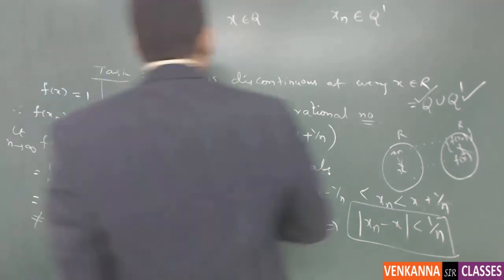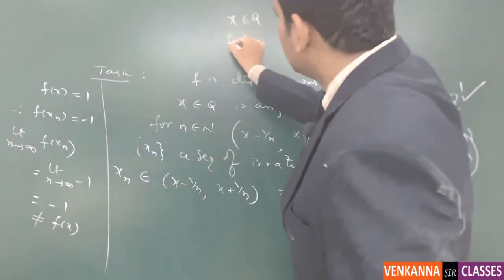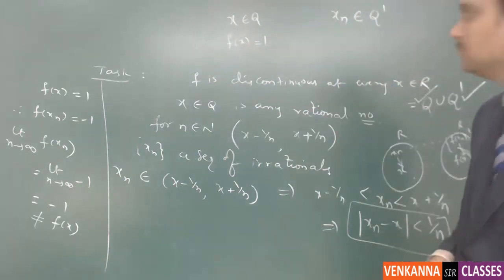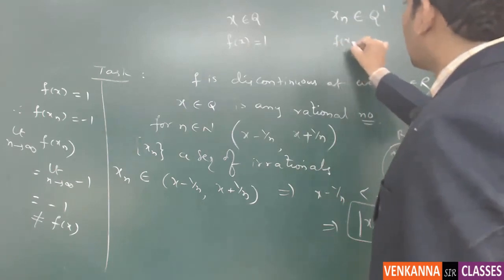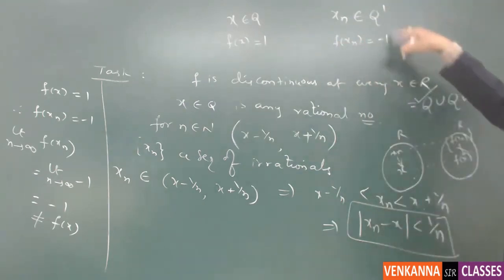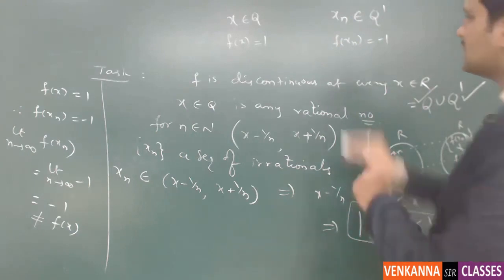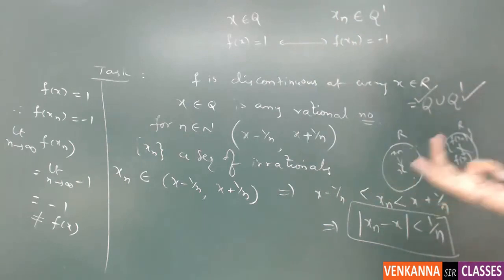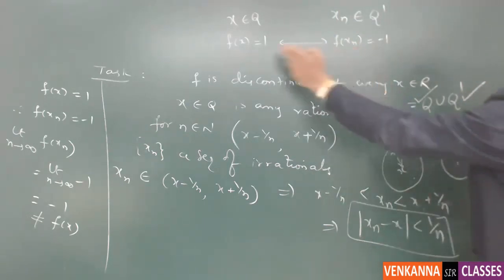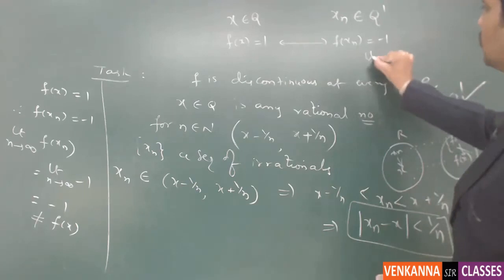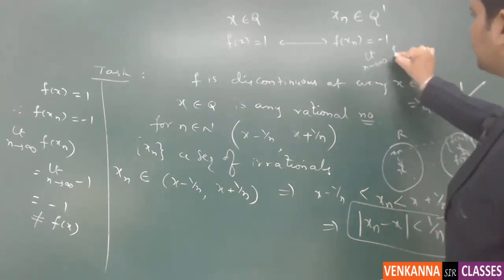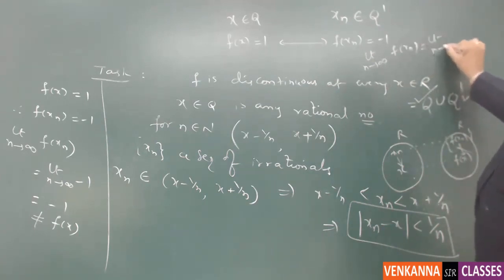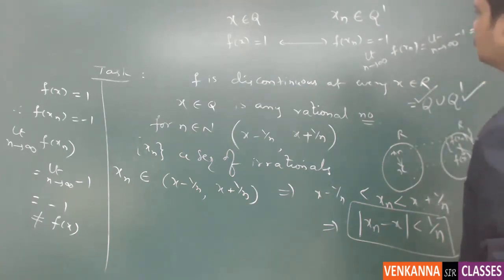Right. Now, since x is rational, if you calculate f of x it is 1 as per the f definition, and f of xn is minus 1 because it is irrational. Now you are checking whether it is convergent or not. How to check the convergence? If you apply the limit, you should get 1. So if you calculate limit n tends to infinity f of xn, it is limit n tends to infinity of minus 1, value is minus 1.